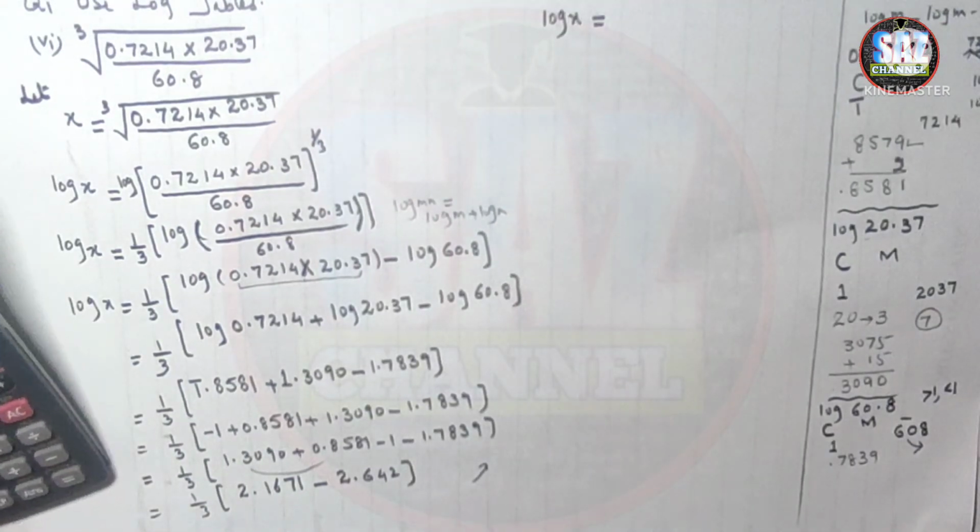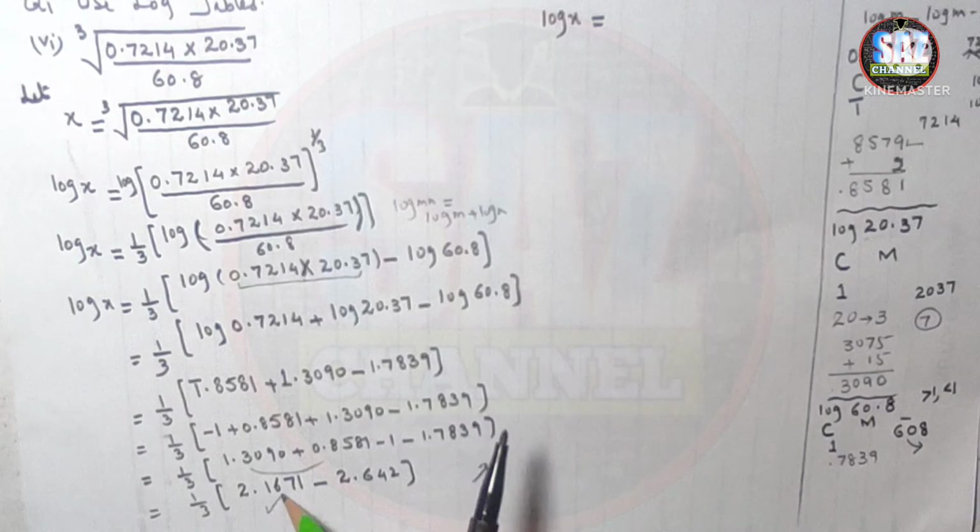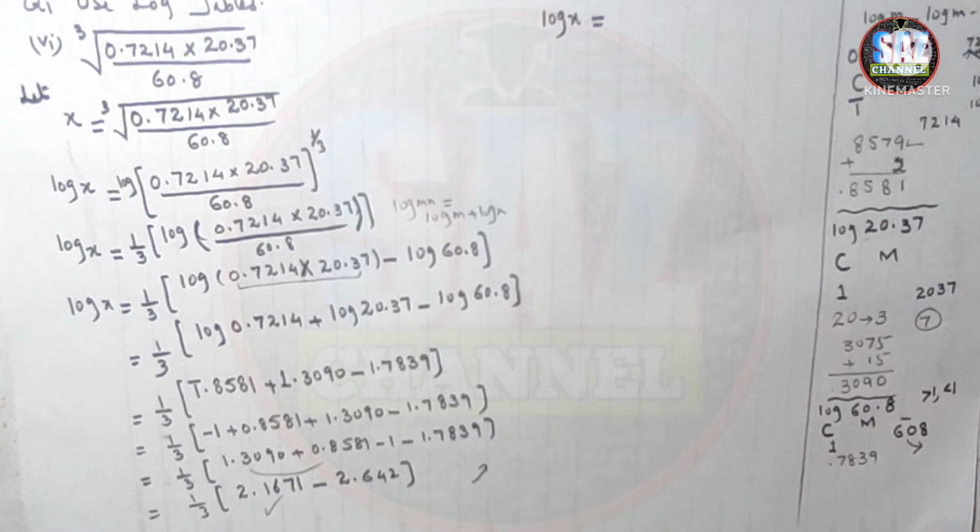Let me check my calculations again. Let me keep my calculator right in front of my eyes. 1.3090 plus 0.8581 gives me 2.1671, and then I have 1 plus 1.7839.